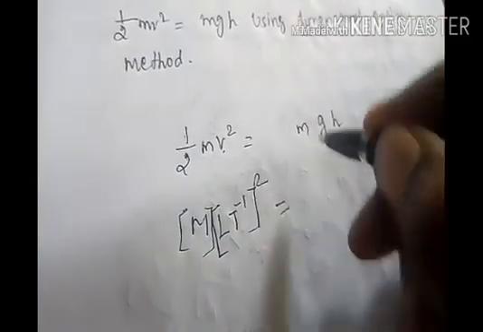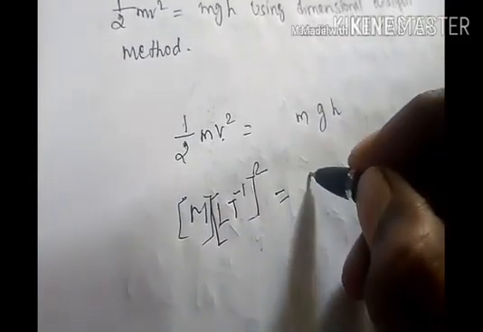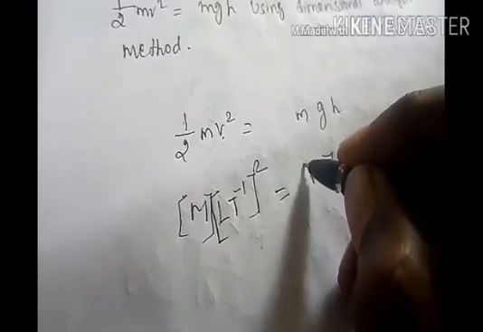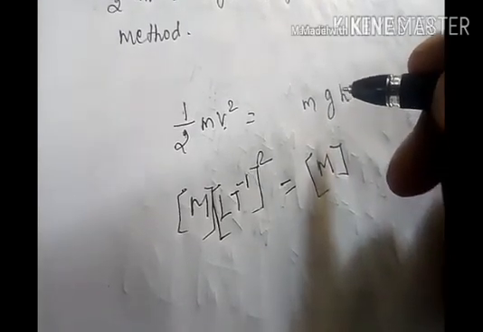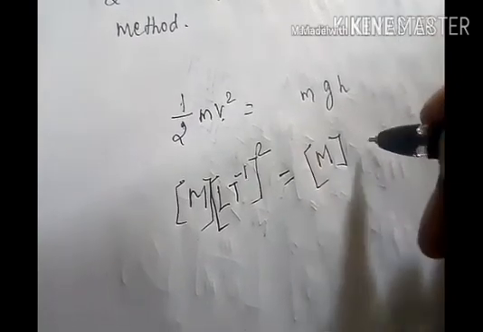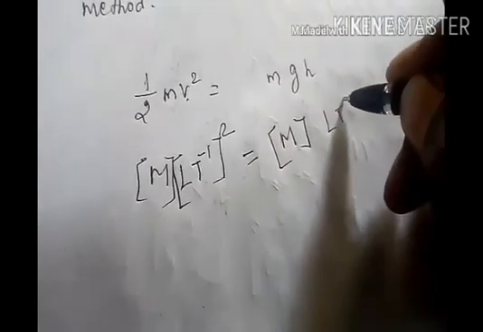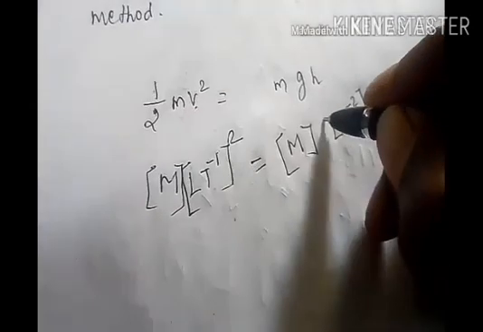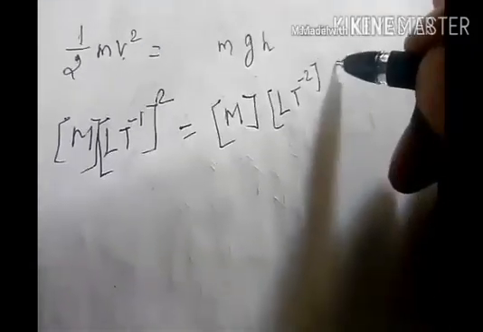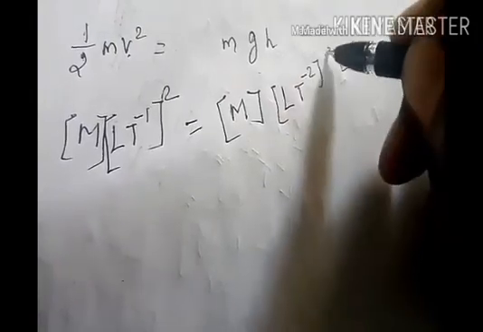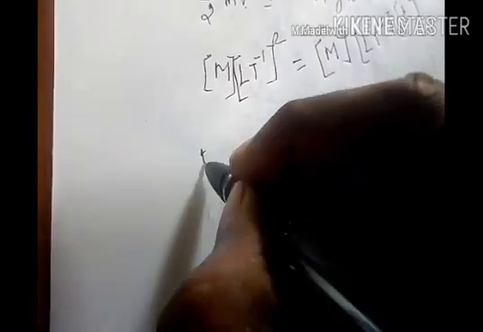Then equal to mass, dimension is capital M. Then g, acceleration due to gravity. So acceleration due to gravity dimension is L t power minus 2. Then h is nothing but height. So height indicates only length. So the dimension of h is L. Okay, so here the mass is M.